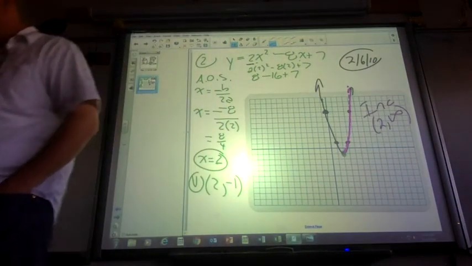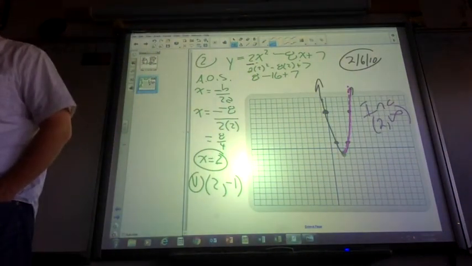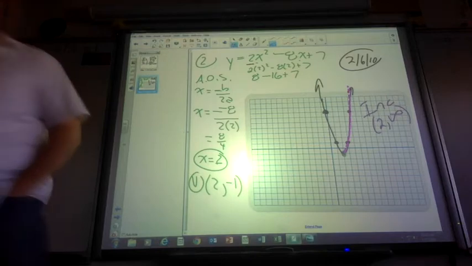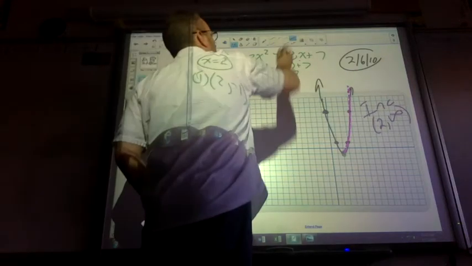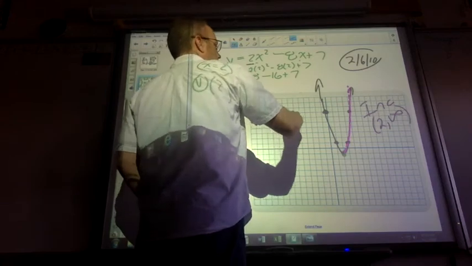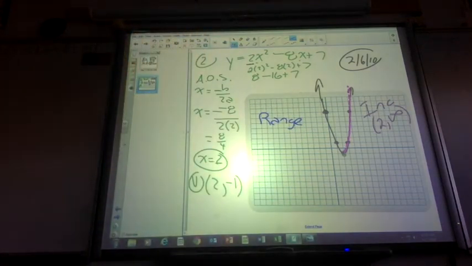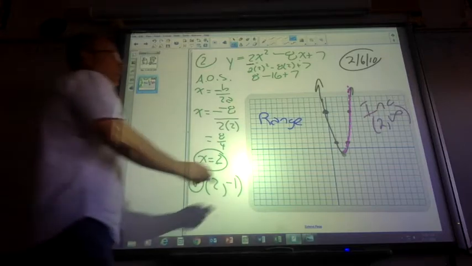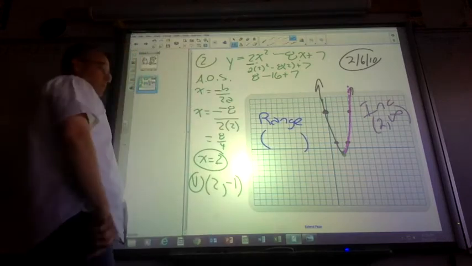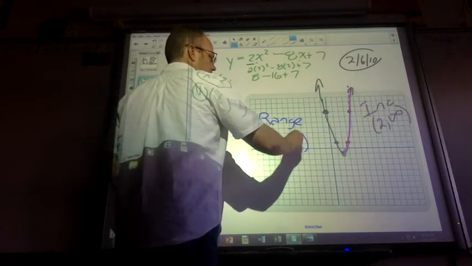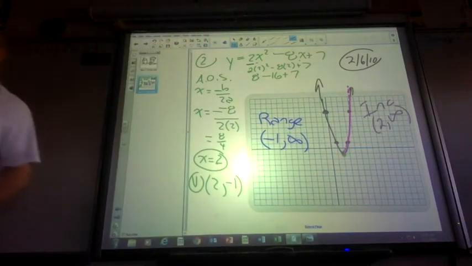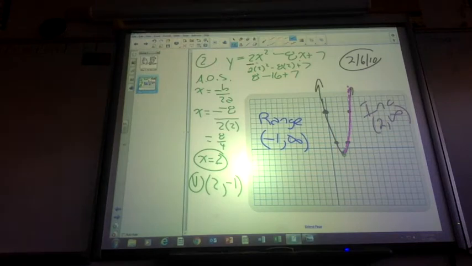Oh, the range. Am I coming from negative infinity up to a point, or am I going from a point to infinity? Point to infinity. What point am I going from? Negative 1. Yeah, negative 1 to infinity. Again, the range deals with the y component, so only answers in the y. Did I answer everything on number 2?